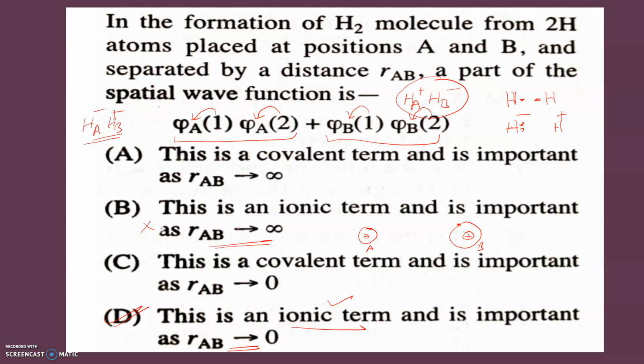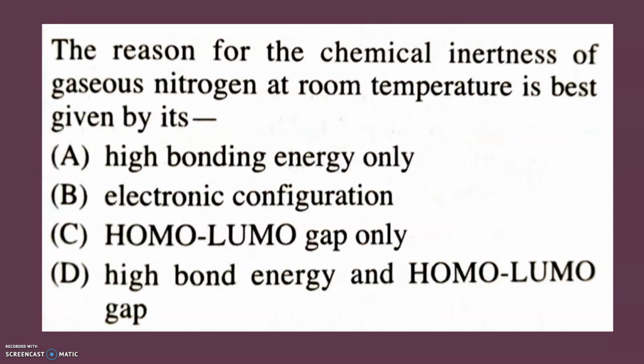Next question. The reason for the chemical inertness of gaseous nitrogen at room temperature is best given by... You know very well, the nitrogen molecule has a triple bond between the two nitrogens, so the bond order is 3, so it is a very strong bond, so definitely the bond energy should be high. And we also know why it is chemically inert, because the HOMO-LUMO gap is large.